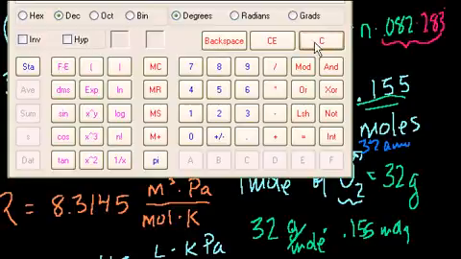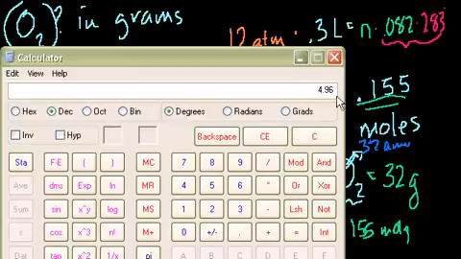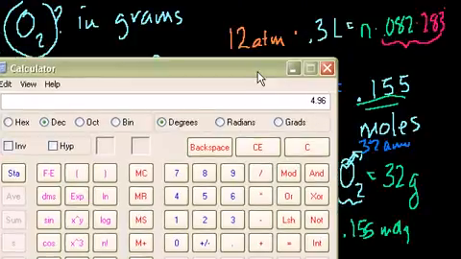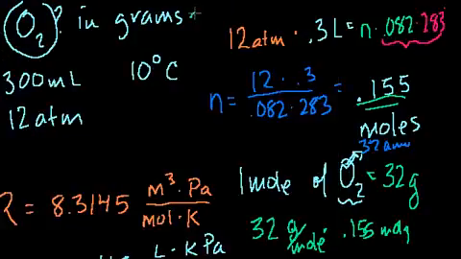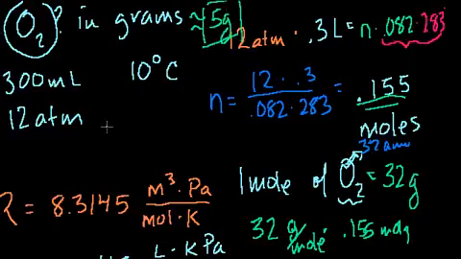So let's do that. So we have 32 times 0.155 is equal to 4.96 grams, or roughly 5 grams. So we have approximately 5 grams of molecular oxygen.